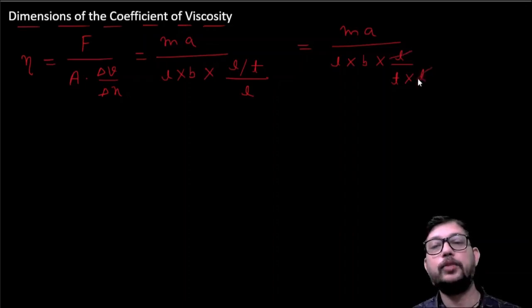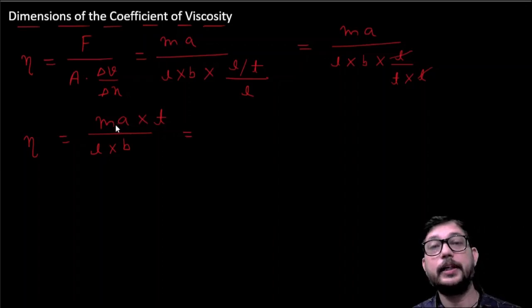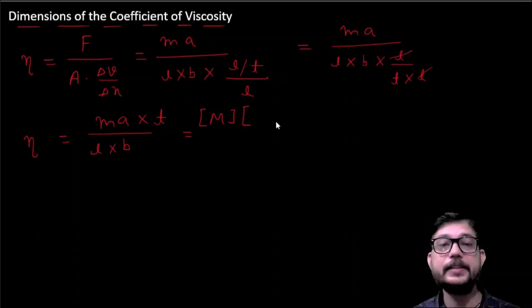So L to L cancelled out, and we can write here eta will be MA divided by L into B, and T will go upside. So the dimension of mass is capital M. The dimension of acceleration will be LT to the power minus 2.